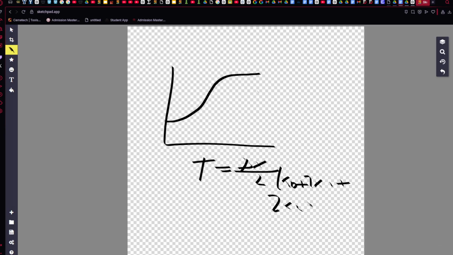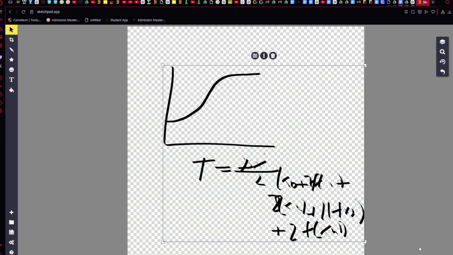What is it? Plus 2f of x_3, all the way up till f of x_n), which is the formula. So now you can use this for other things and calculate the function.